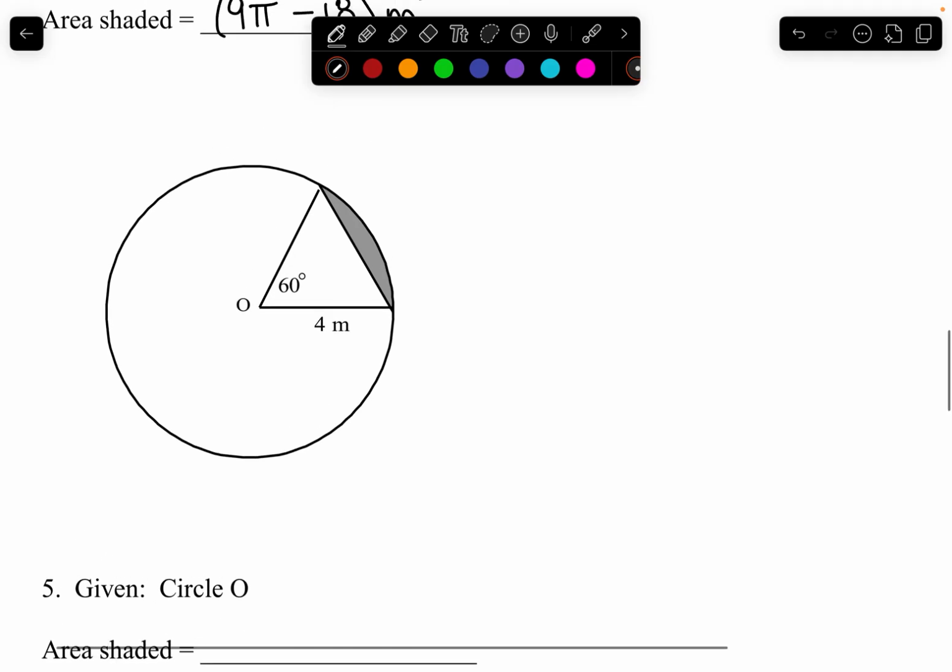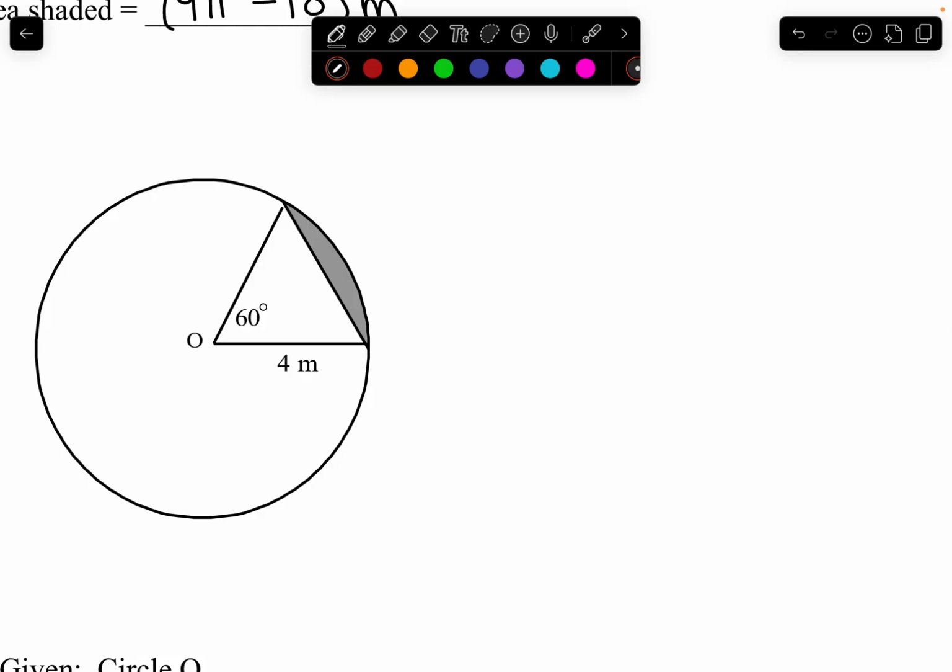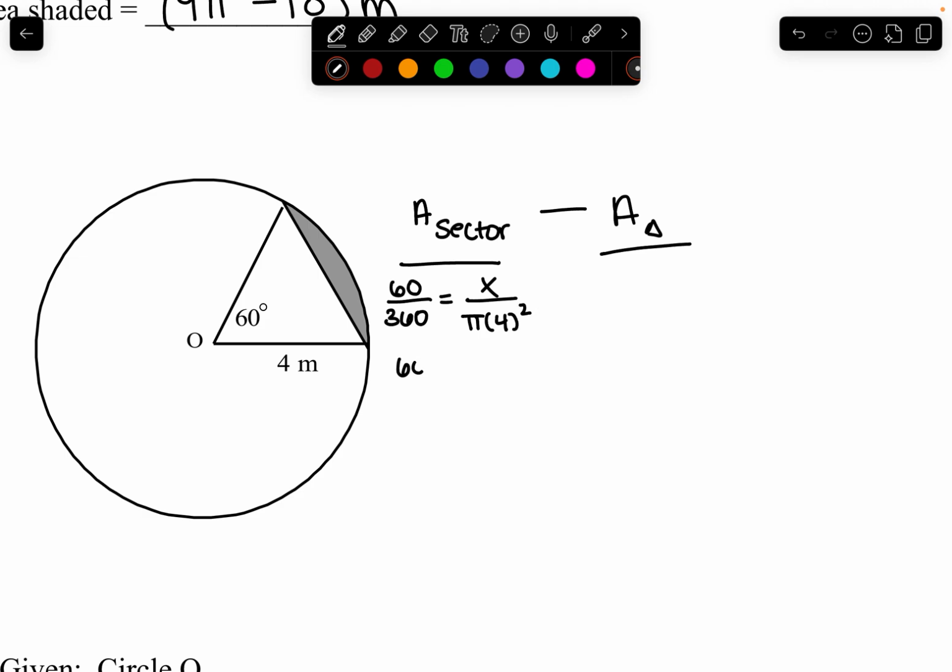Number 5 is actually the same thing. This triangle is just going to be a little bit funky. So we need to find the area of our sector, the area of our triangle, and subtract them from each other. We've got our 60-degree central angle over 360, and that's going to equal our sector area over pi radius squared.